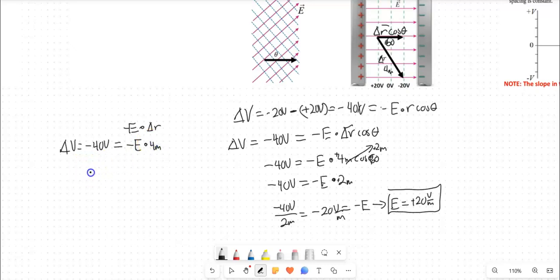And so if we end up dividing both sides by that 4 meters, what we get is an electric field that is equal to 10 volts per meter, or to the right 10 volts per meter, which is incorrect.